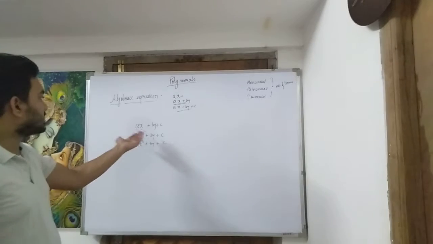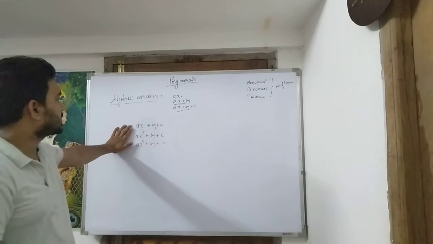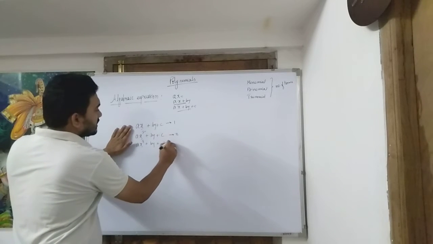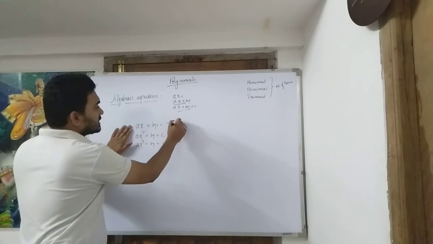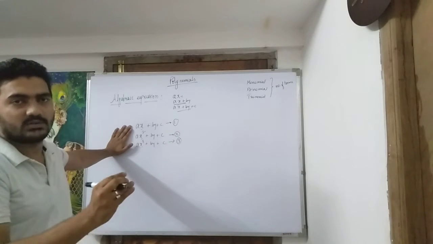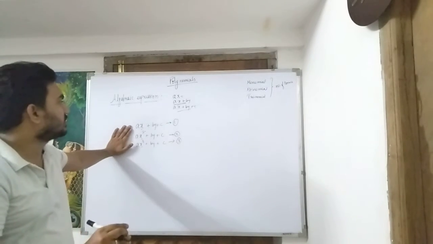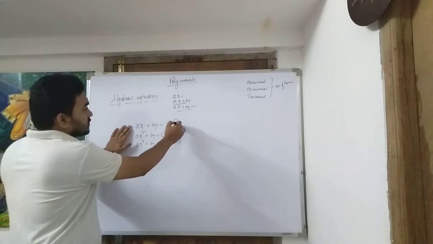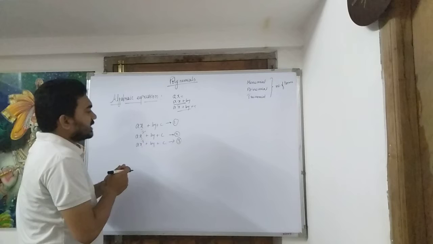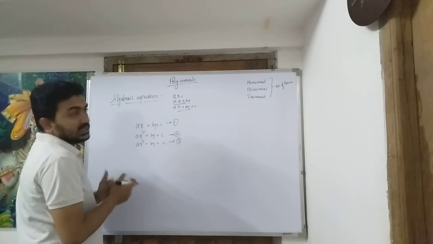So the highest power of the variable is 1, 2 and 3 respectively. These are called the degree of the polynomial. The highest power of a polynomial is called the degree of the polynomial. So we can name them on the basis of their degrees.